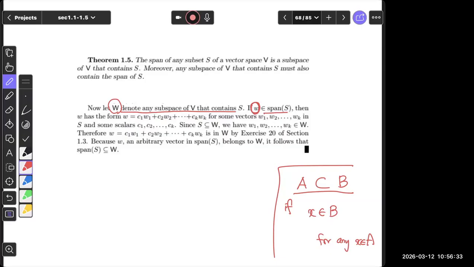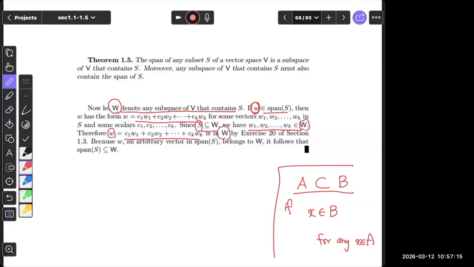If it is in the span of S, then it is a linear combination of some elements in S, say w1 up to wk are some elements in S. Now, since S is included in W, w1 up to wk are elements in W. So a linear combination of these k vectors in W will be included in W, because W is a subspace.